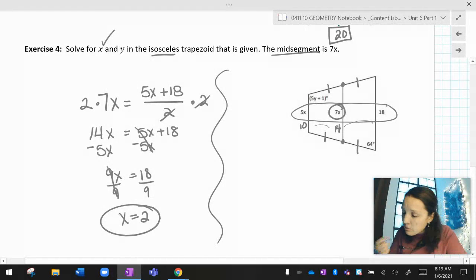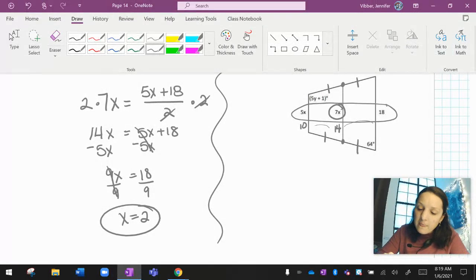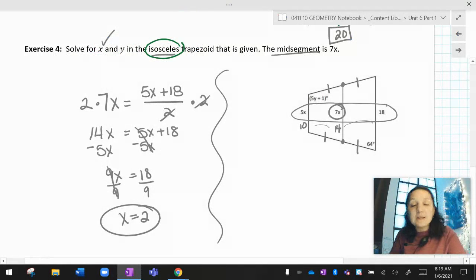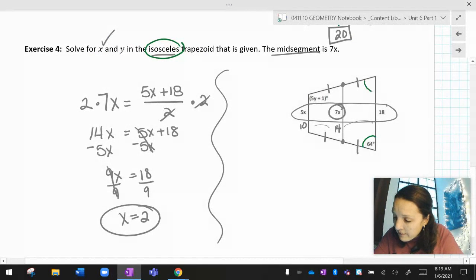Now let's find y. Okay, this is isosceles, which means that the base angles are equal. So if this is 64, that has to be 64. And if all these lines are parallel, this 64 means that this is also 64 because those would be corresponding angles. And if this thing is parallel to that thing, what kind of angles are these again?